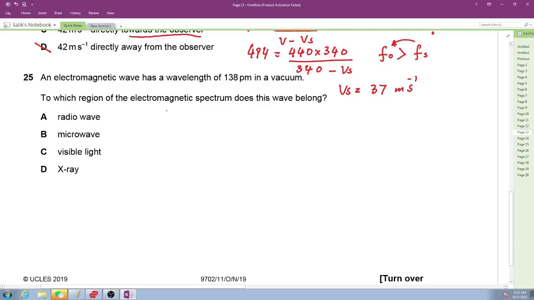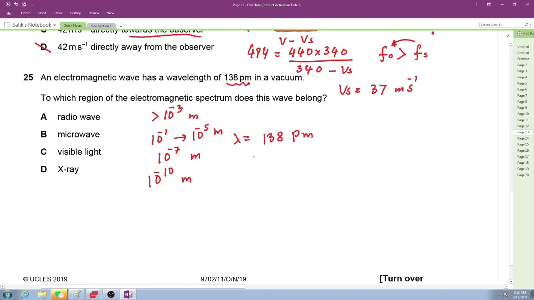Radio waves are greater than 10 to the negative 3 meters. Microwaves are in the order of 10 to the negative 1 to 10 to the negative 5. Visible is around 10 to the negative 7 meters. And X-ray is 10 to the negative 10 meters. So we must know these values. Now we move towards our value, 138 picometers.